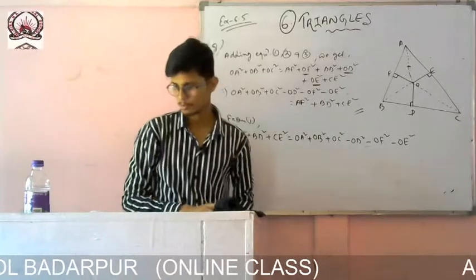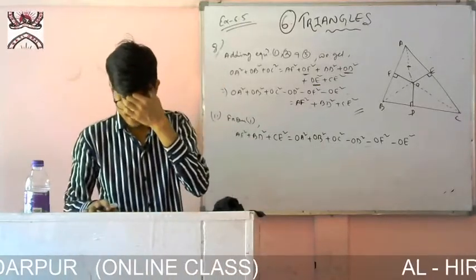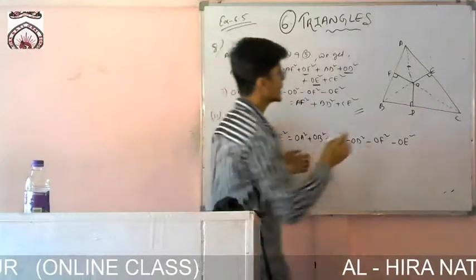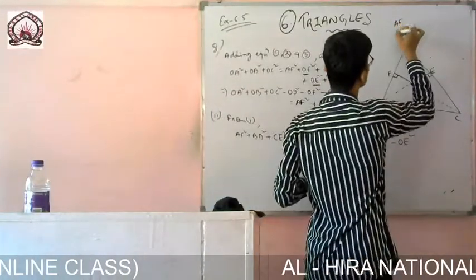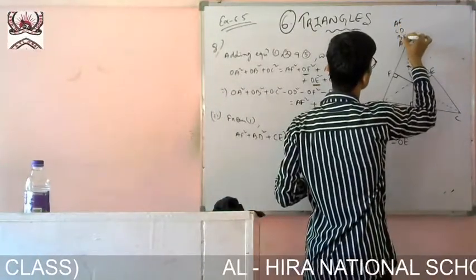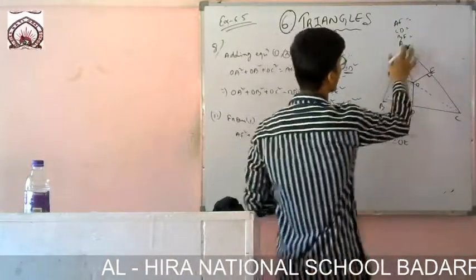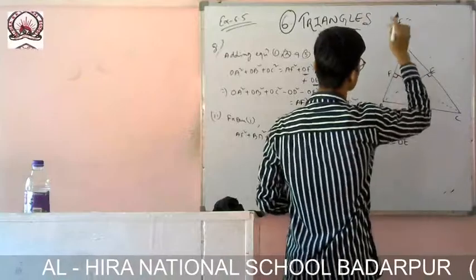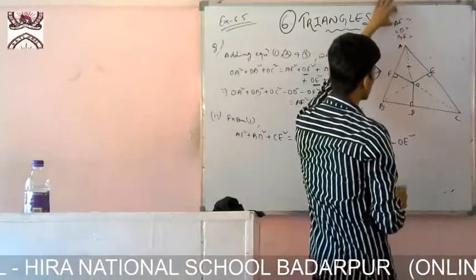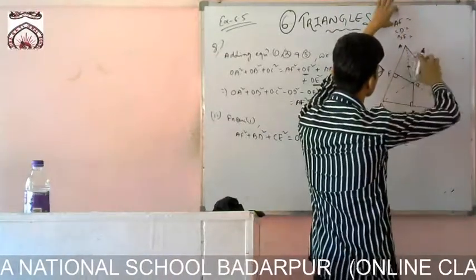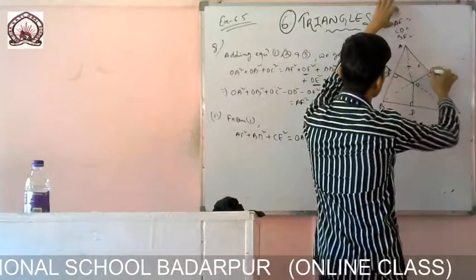Now I have to find what? I have to find AE, CD and BF. These three I have to find. Now if I go on finding these one by one, AE where? This side.